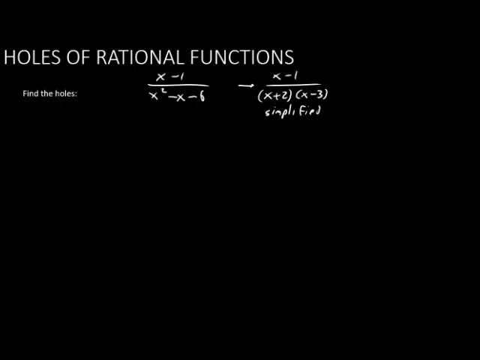Despite the fact that x appears on top, x is attached to this negative 1, making it a binomial. The x minus 1 binomial does not appear anywhere in the denominator. Therefore, we have no identical terms. And if you have no identical terms, that means you have no holes. We can stop right now and say that the hole does not exist, or DNE.